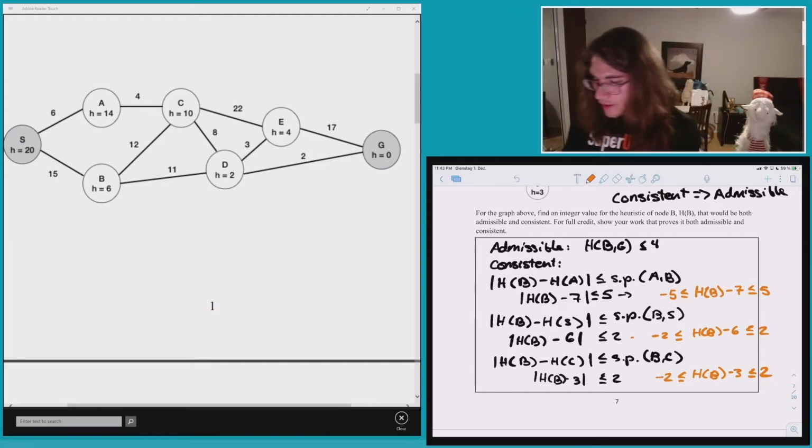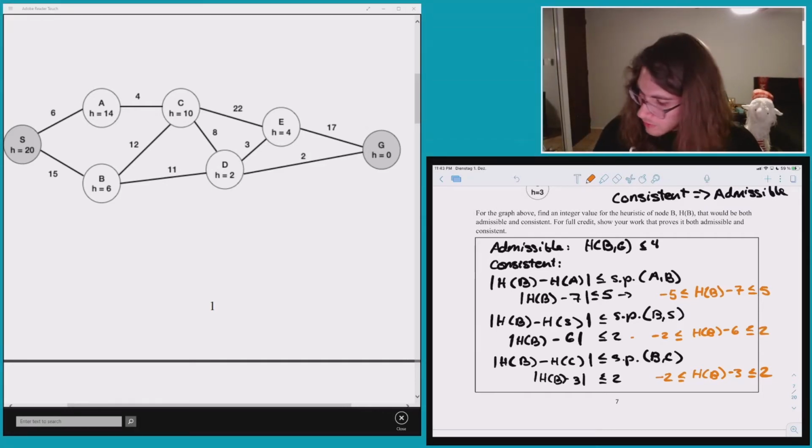And I can play around with these inequalities, and eventually we would find that, let me just go ahead and solve a little bit, it's less than or equal to 12, h of b greater than or equal to 2.